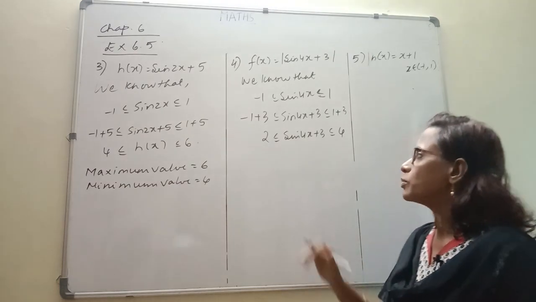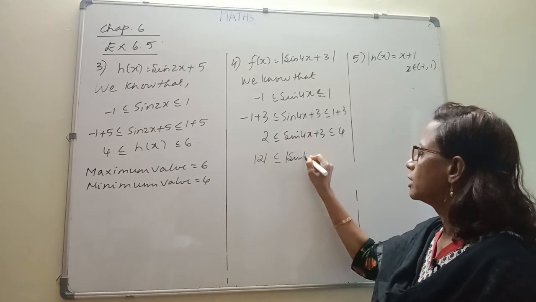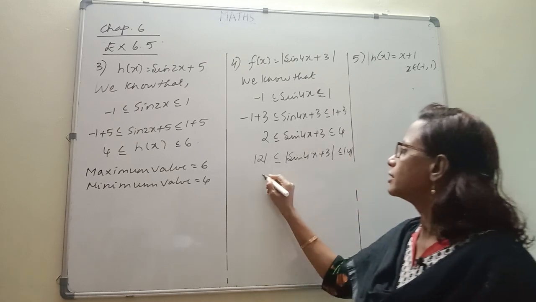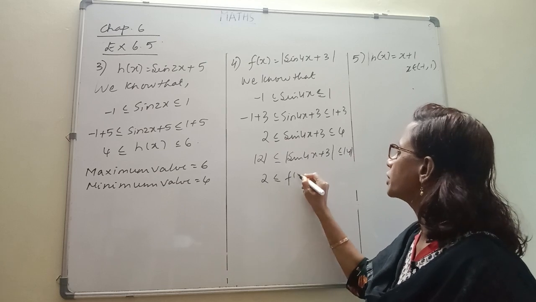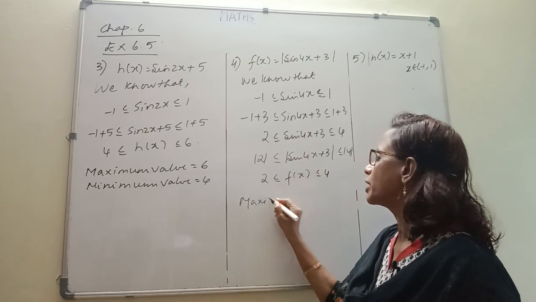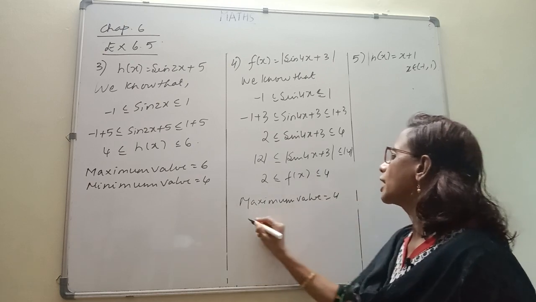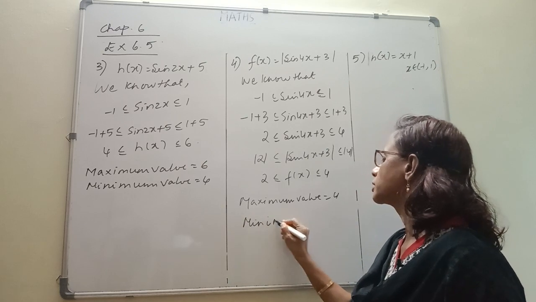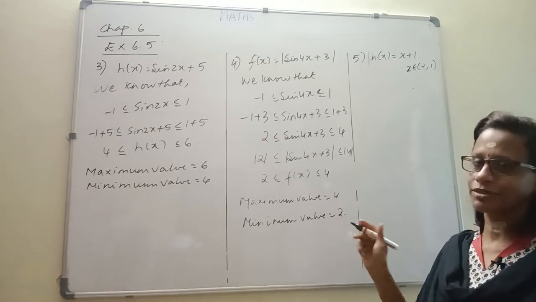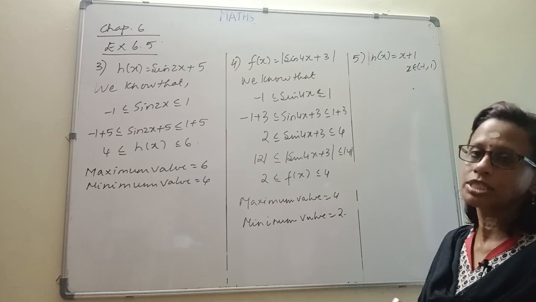So the modulus of the entire expression is the same, sine 4x plus 3. So 2 is less than or equal to f of x, less than or equal to 4. That gives us the maximum and minimum value. The maximum value is 4 and the minimum value is 2.